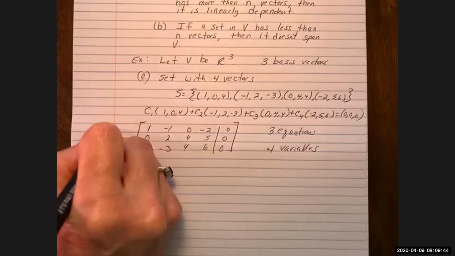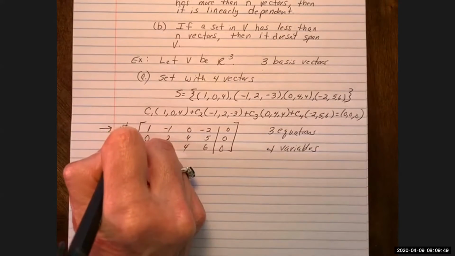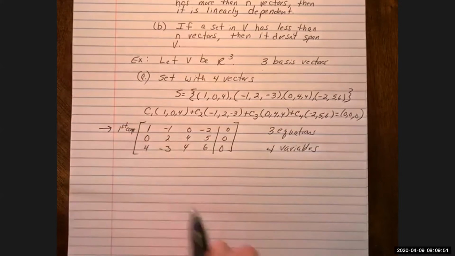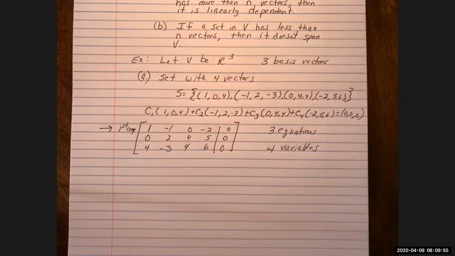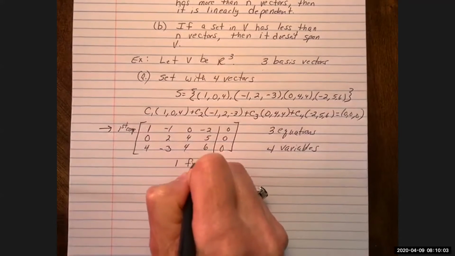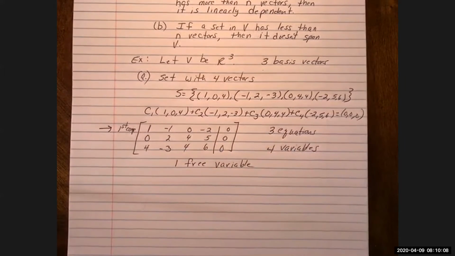Remember that this first column represents the first component. Sorry, the first row represents the first component. This is the second one, and this is the third one. So you've got 3 equations and 4 variables, which means that one of those variables is free, right? There's no way one of those 4 can be defined because we only have 3 equations.